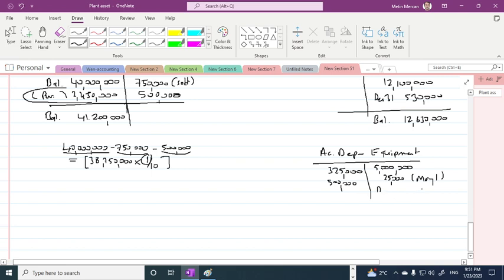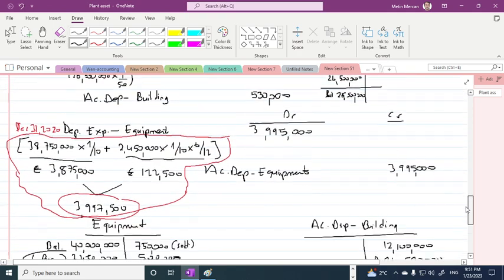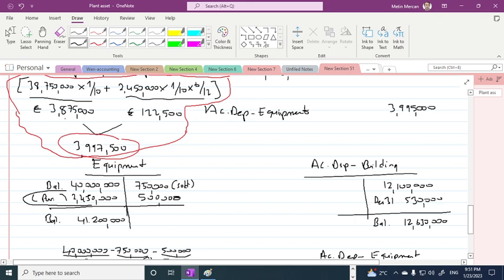And December 31 we have two separate ones. What is that? 3,875,000 and 122,500.